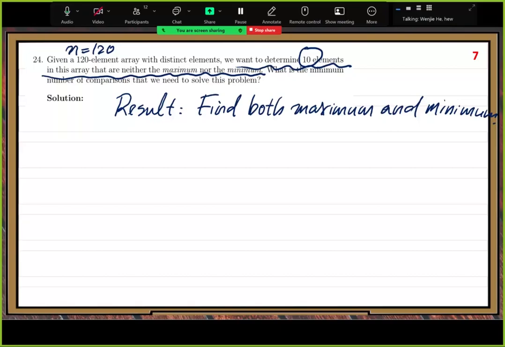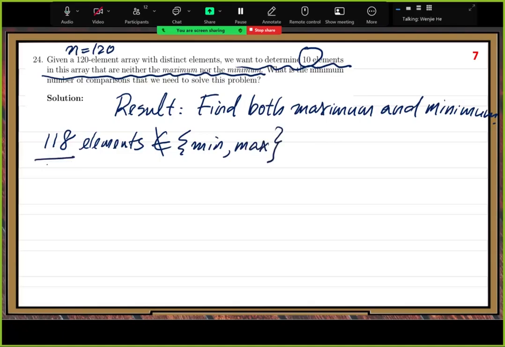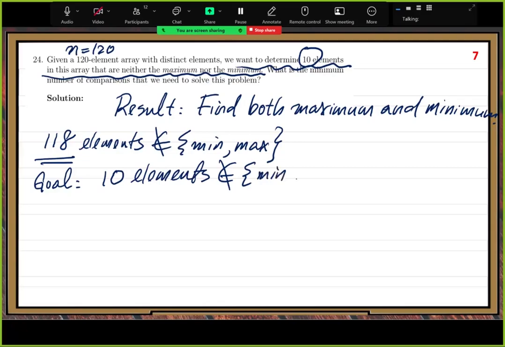If you plug in the formula directly, you get 118 elements, but our goal is we only want to get 10 elements not in max and min.